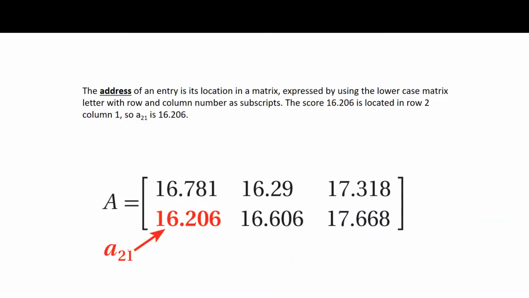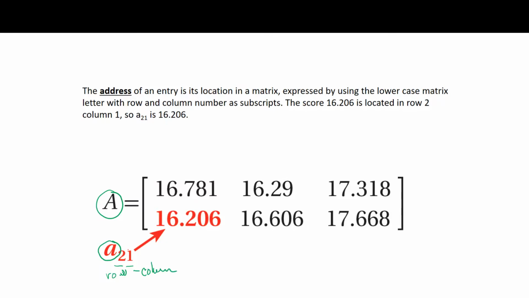The address of an entry is its location in a matrix, expressed by using the lowercase matrix letter with row and column number as subscripts. You can see this particular matrix is labeled A, but when you're looking for the address of each entry, you're going to use a lowercase a with two numbers, and the first number will represent our row, and the second will represent our column.